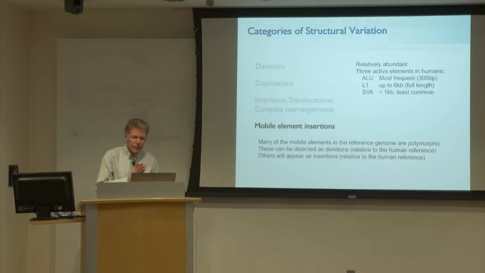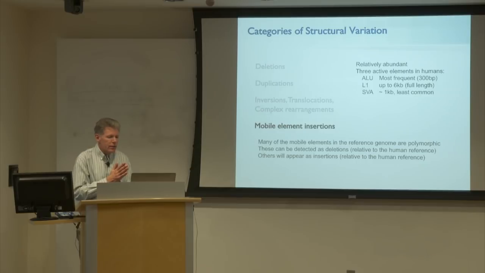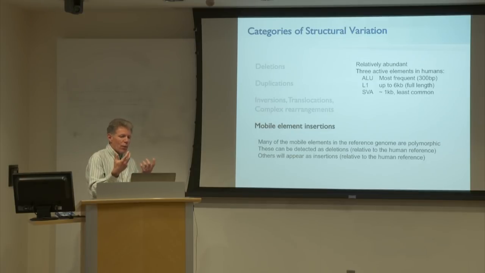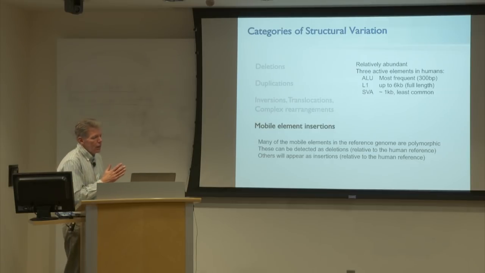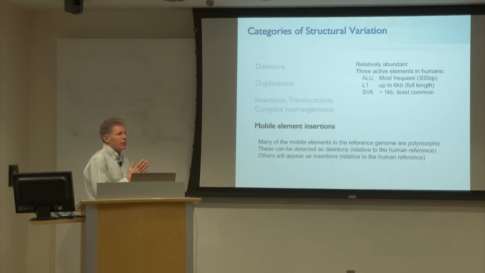There aren't as many of these as there are other kinds of deletions and duplications, but there are many more than there would be of these inversions or translocations. It's a little bit difficult in some ways to count them because there are very old elements in the genome that maybe are fixed and not polymorphic anymore, but it's hard to know if they're completely fixed in the human population. But maybe there's 1,000 or a couple thousand of this kind of event per human genome.